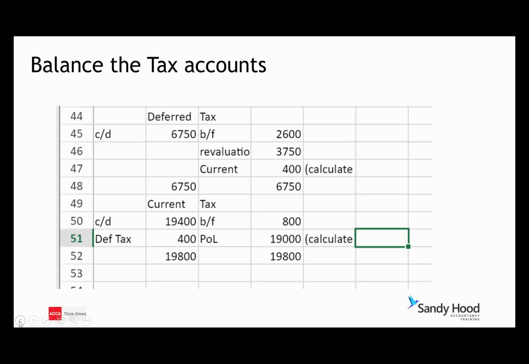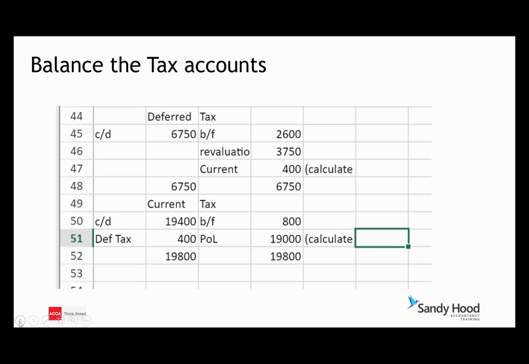Having done that, I can now work out that the deferred tax account needs to have an entry of 400. So in other words, we've increased the deferred tax by 400, and that's come from the current tax account. Here we've got the 400 as our balancing figure.